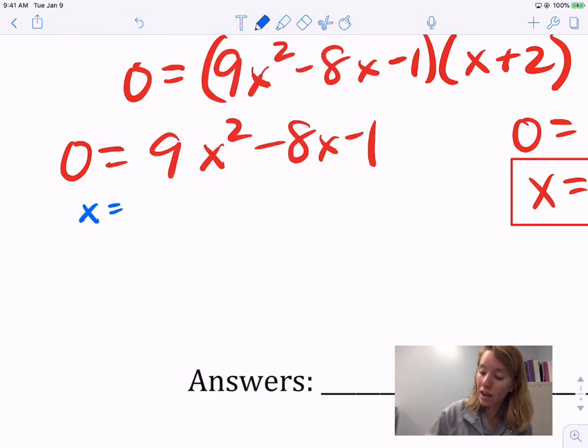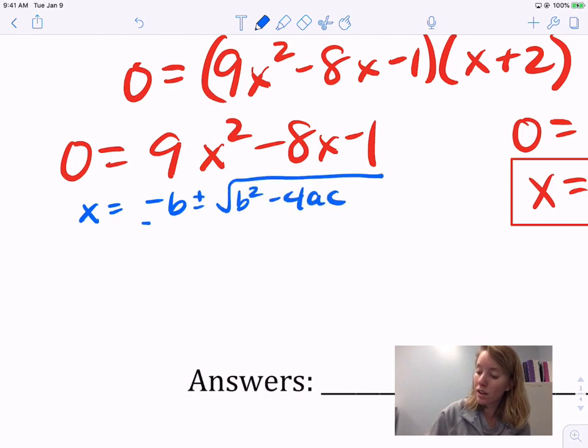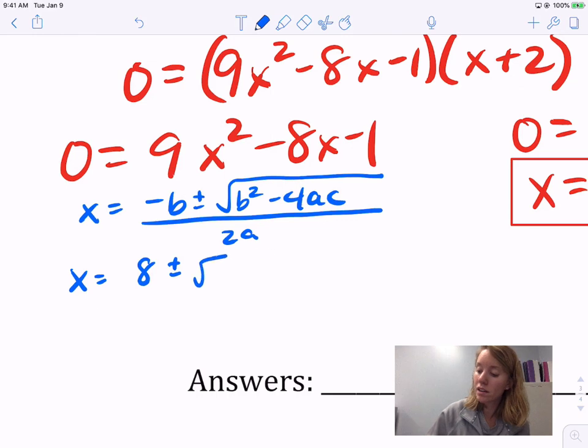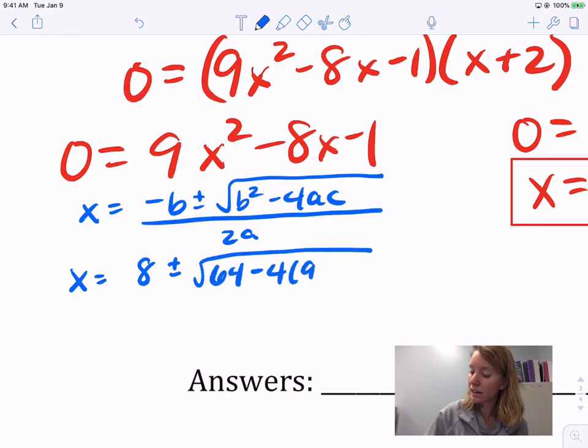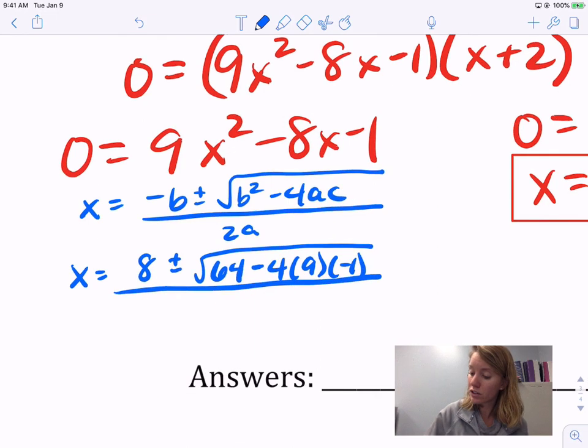So x is equal to the opposite of b plus or minus the square root of b squared minus 4ac all over 2 times a will be x is 8 plus or minus the square root of 64 minus 4 times 9 times negative 1 all over 2 times 9.